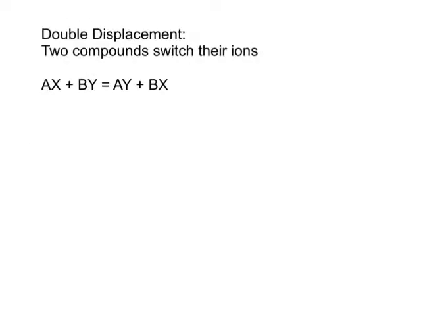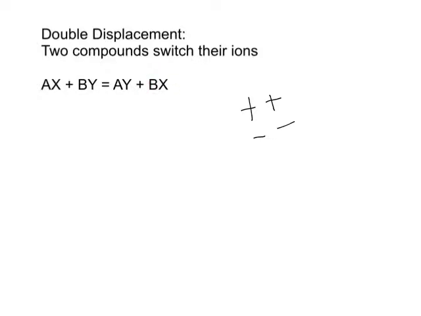Double displacement reactions are pretty easy to spot, where you have two compounds and they just switch their ions. And again, we're making sure that we keep things away from any positive positive or negative negative. So the generic equation AX plus BY forms AY plus BX.